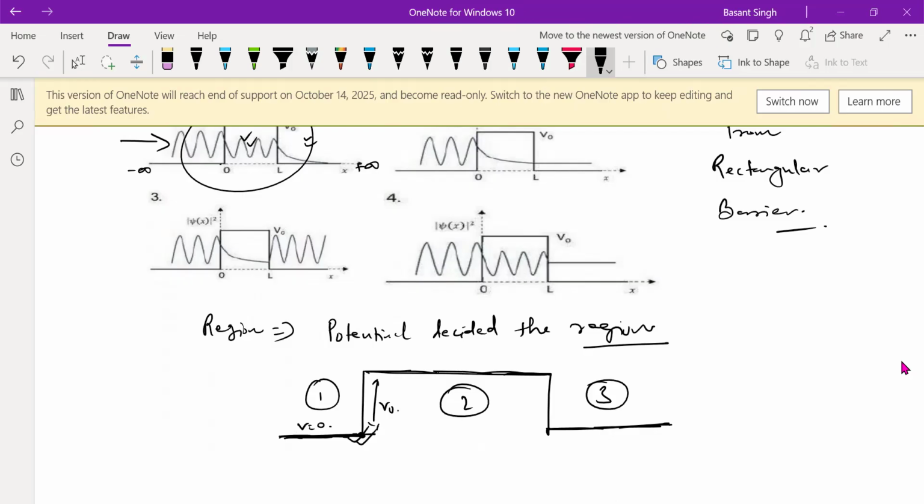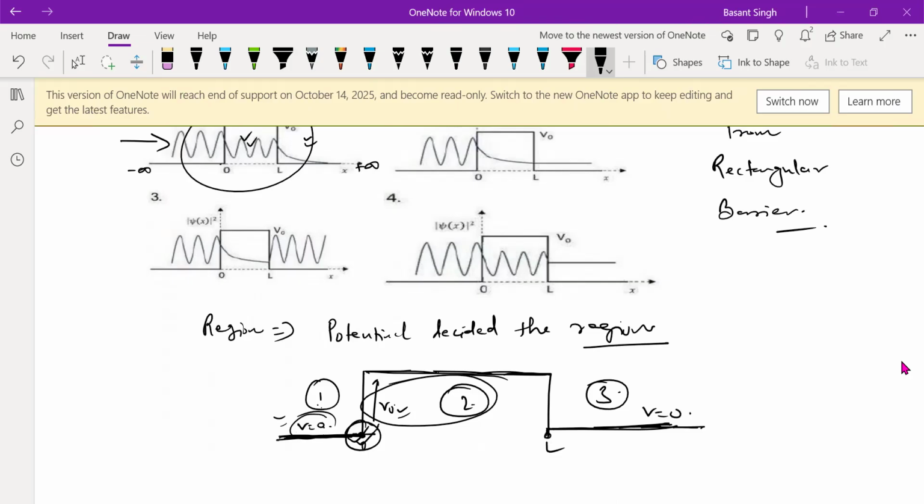And after this point, from 0 to L, the potential is again similar to this region, that is, the potential is 0. So there are three regions, because these points divide the different potentials.